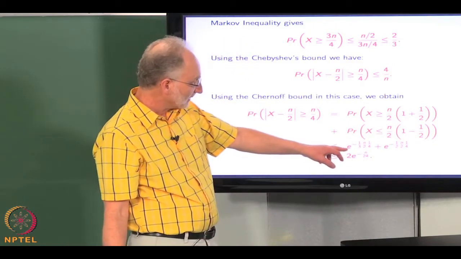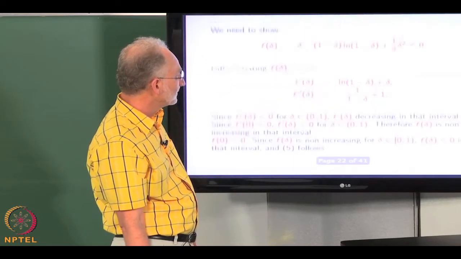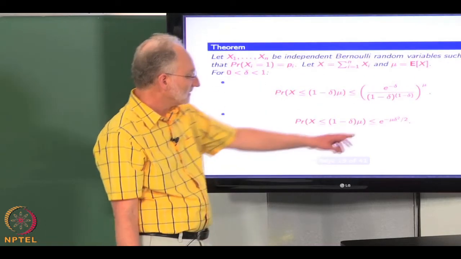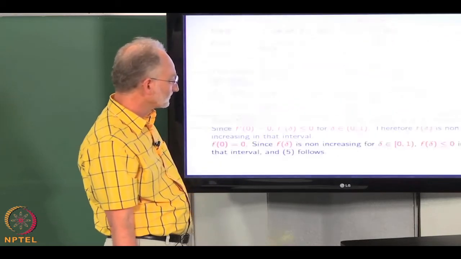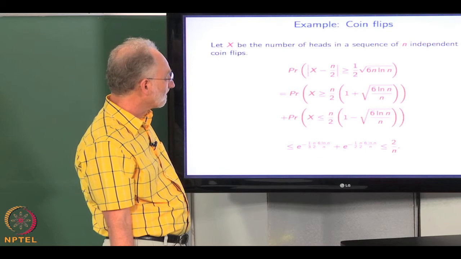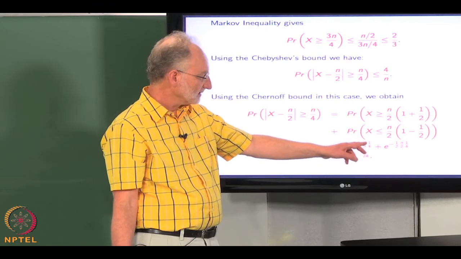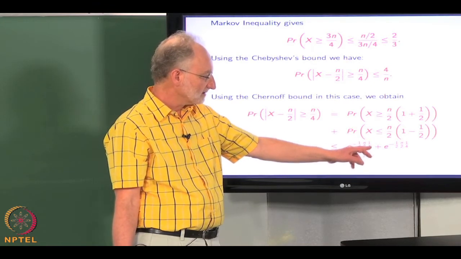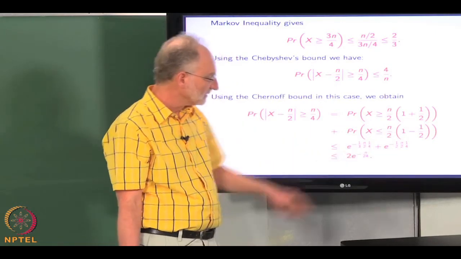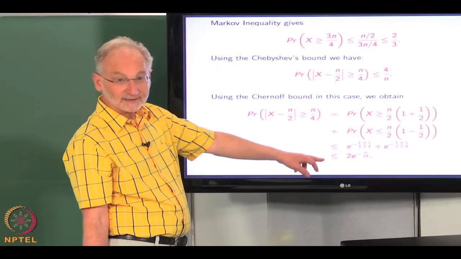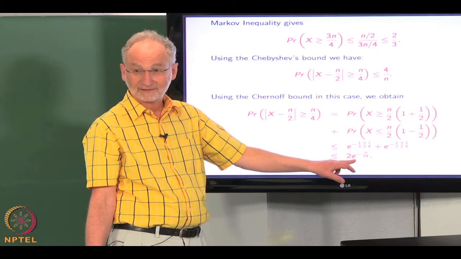Remember that the bound we proved is the expectation times the deviation squared. The expectation here is n over 2, the deviation is half, so it's a quarter here. Then we have some coefficient, and we get a bound that goes down to 0 exponentially in n.